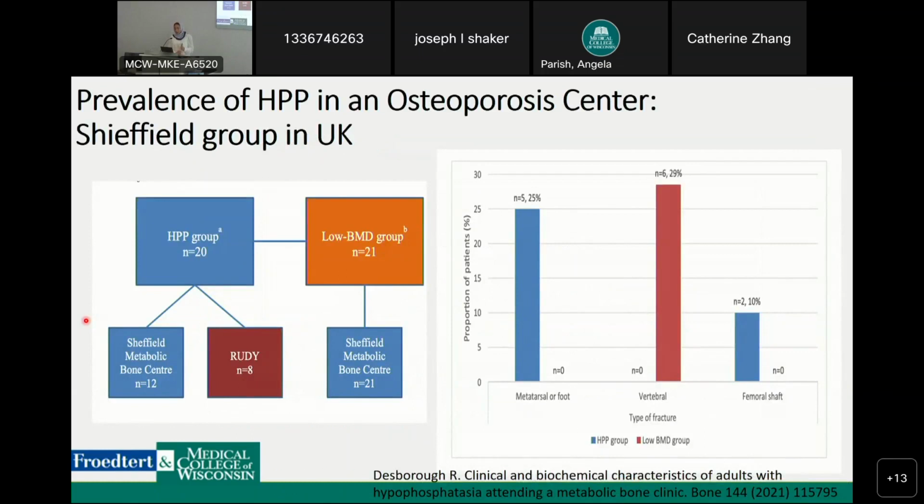Yes, it's more common in osteoporosis, as was reported from the Sheffield group in the UK. The fractures that were common in HPP were mainly the metatarsal or the femoral shaft fractures. Vertebral fractures were more commonly seen in osteoporosis. So I think her primary driver of this pathology is her osteoporosis related to thalassemia.